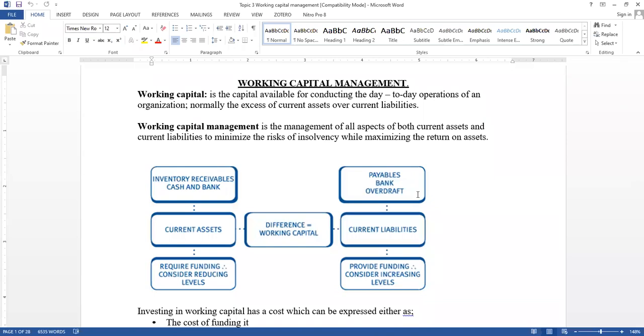If it is not well managed, or all the resources have been committed in inventory, it is going to be a little bit costly for the organization. Then we shall also look at management of cash as another working capital item, because cash is key.